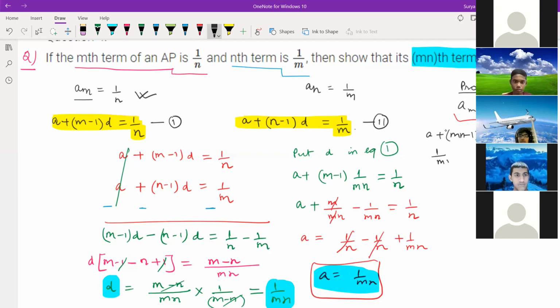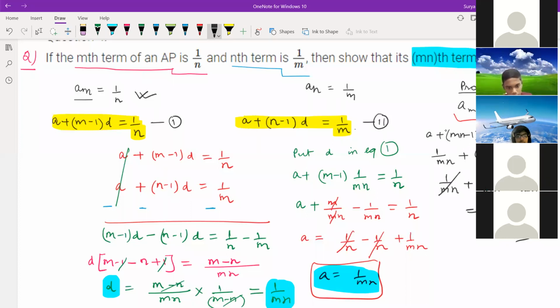So 1 by mn plus (mn minus 1) into 1 by mn is equal to 1 by mn plus mn by mn minus 1 by mn. So this will get cancelled. So mn by mn is nothing but 1. This is the answer and we got it proved.